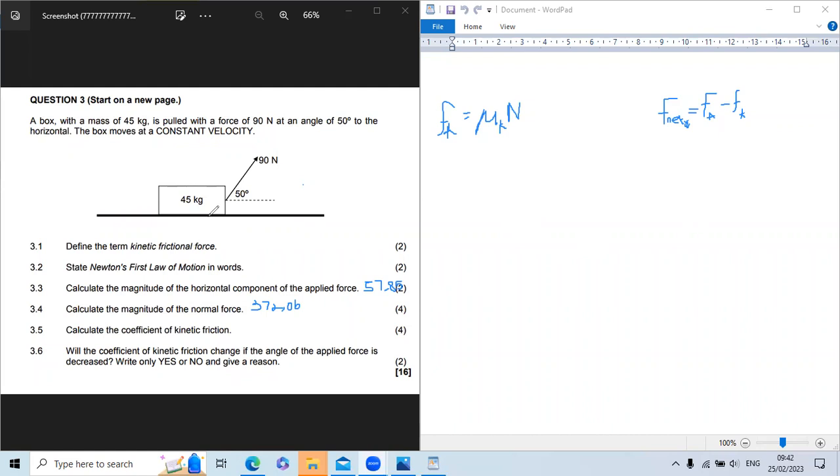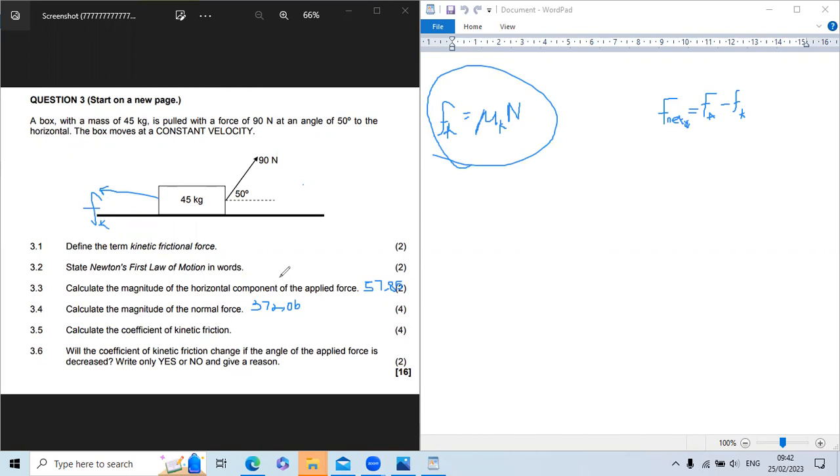We know that kinetic friction is going to be on the horizontal plane. So here we're going to have our Fk, and here I wrote the equation for kinetic friction.